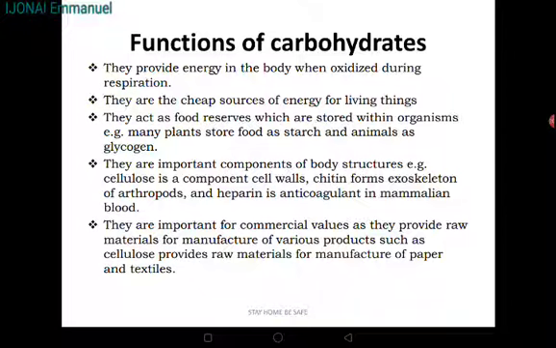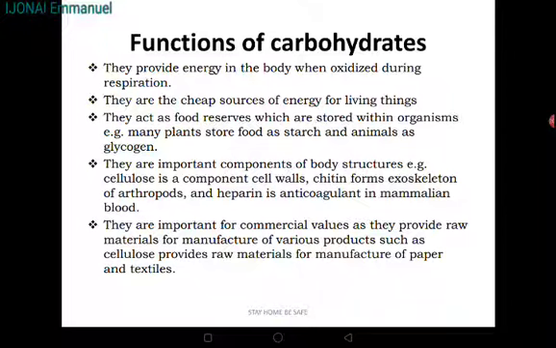And then they are important for commercial values as they provide raw materials for manufacture of various products, such as cellulose providing raw materials for manufacture of paper and textiles. So all the papers in the world, pulp and paper, are made from products from these carbohydrates, particularly.